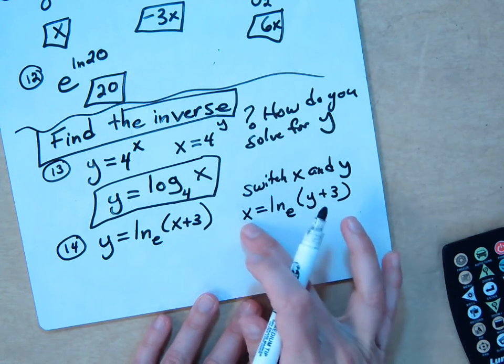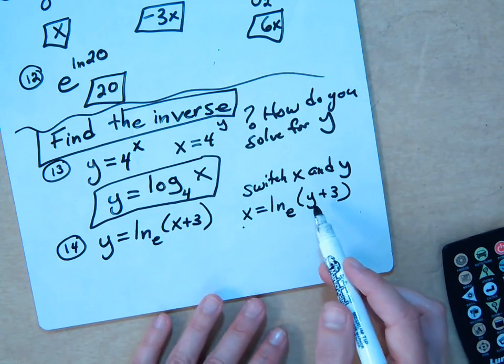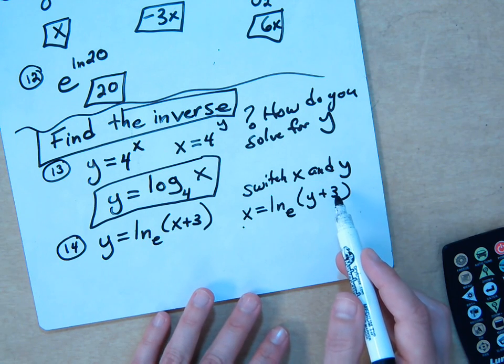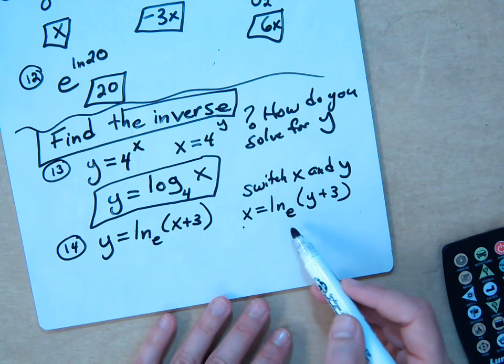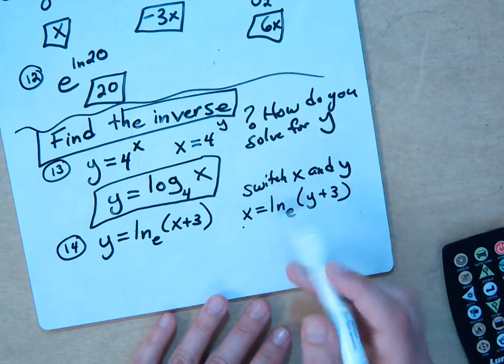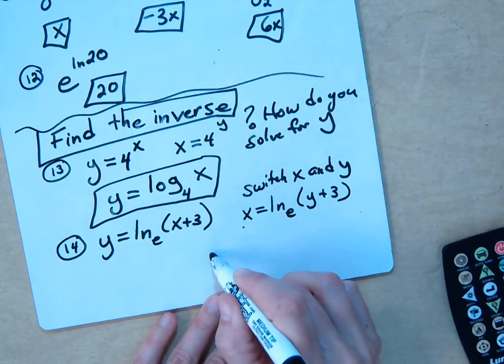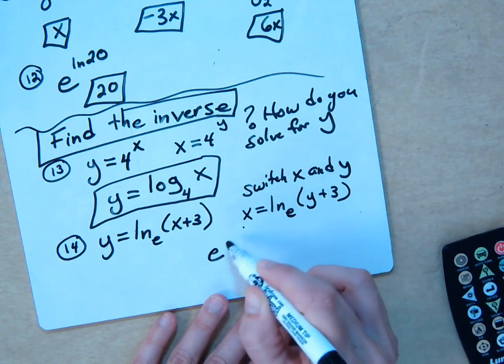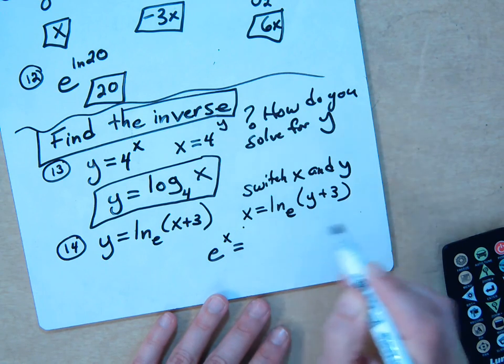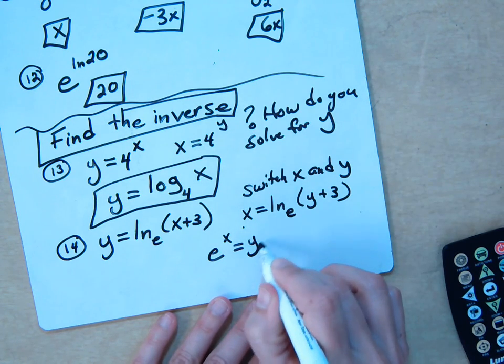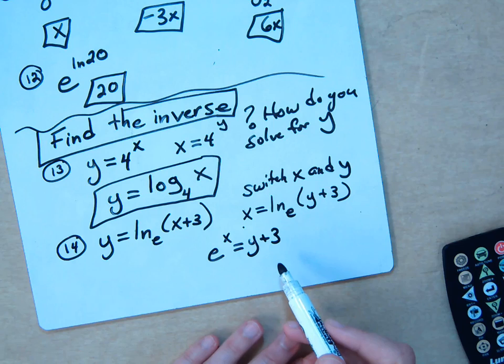You can't just solve for y, but you can write it in exponential form like this: e raised to the x power, e is the base, equals y plus 3, and we're almost done.